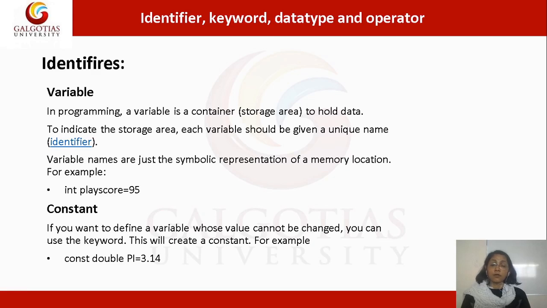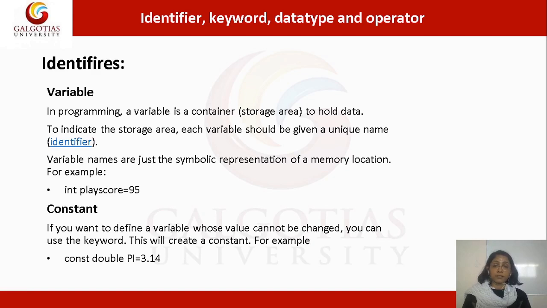On the other hand, a constant is nothing but an identifier only, but the value that is going to be stored in the space given by the operating system for your program is constant. For example, in the example given here, const double pi = 3.14.